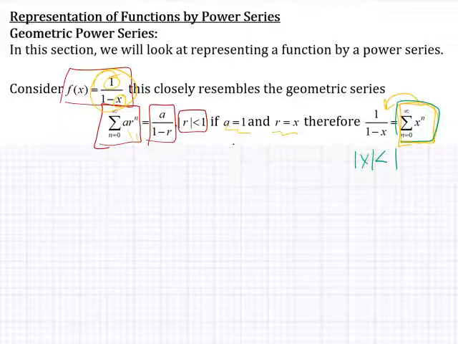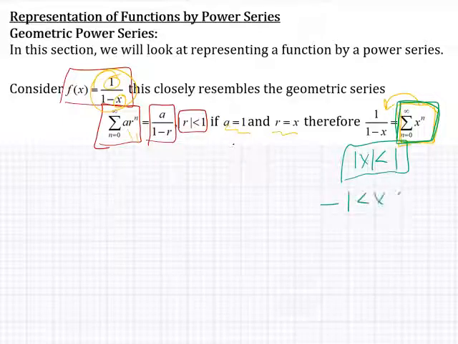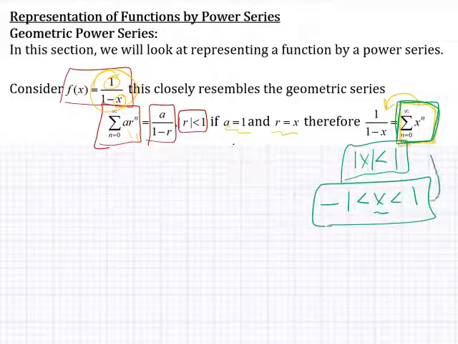Now remember, the absolute value of x is less than 1 is when this series will converge. And if you think about this, this is exactly what a power series should look like. And this is the interval of convergence, because you can write this also as -1 is less than x is less than 1. So these are the x's that we could plug in here that would make this series converge. And this is what it would converge to.